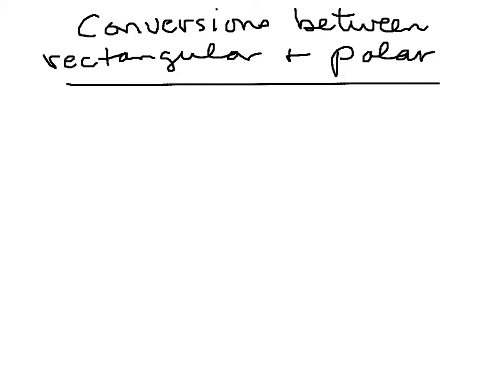So let's talk about how we can go back and forth between rectangular and polar. For example, suppose we have some point here, and its coordinates are x comma y, and we want to name it in polar form. So what that means is we need to know what theta is and what r is.